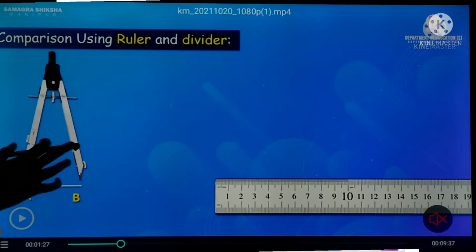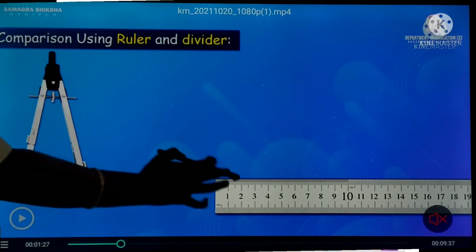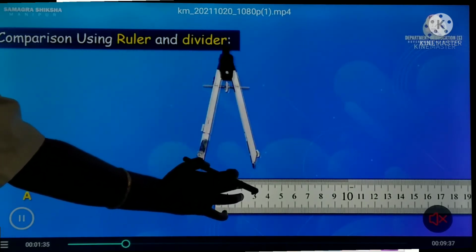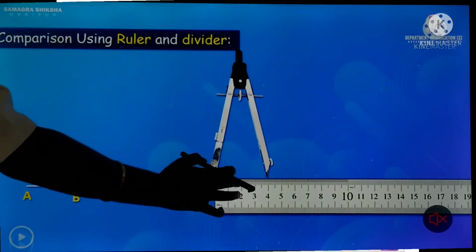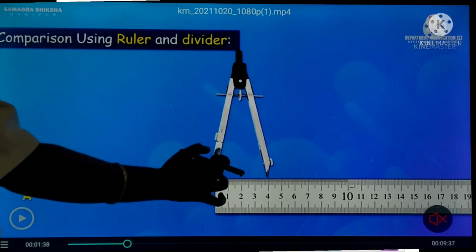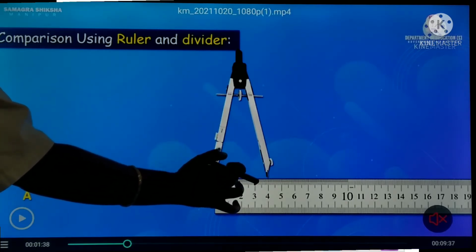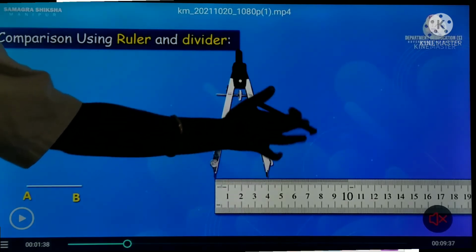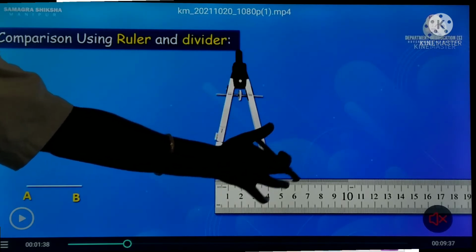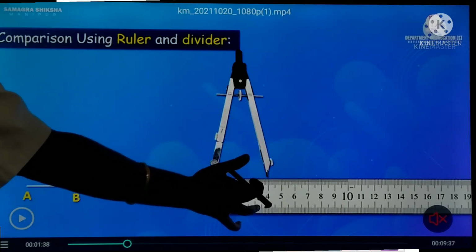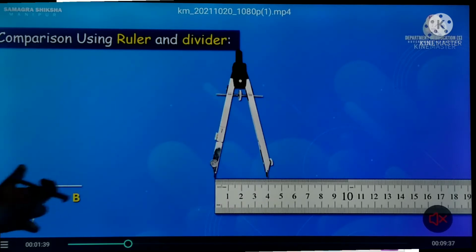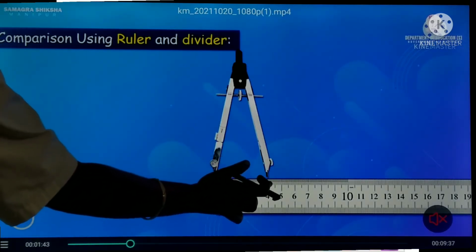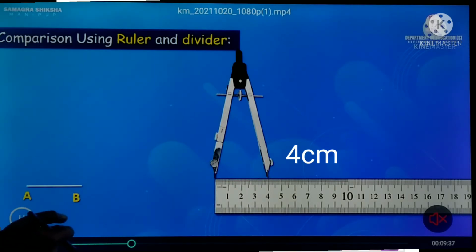Lift the divider and place it on the ruler. Set the 0 mark of the ruler. Now read the mark against the other end. The measure of this line segment AB is equal to 4 centimeter.